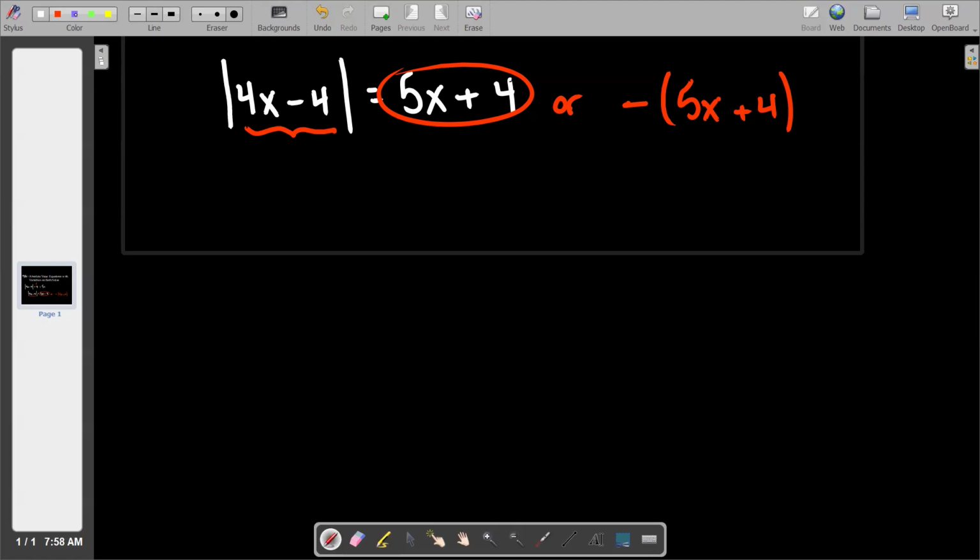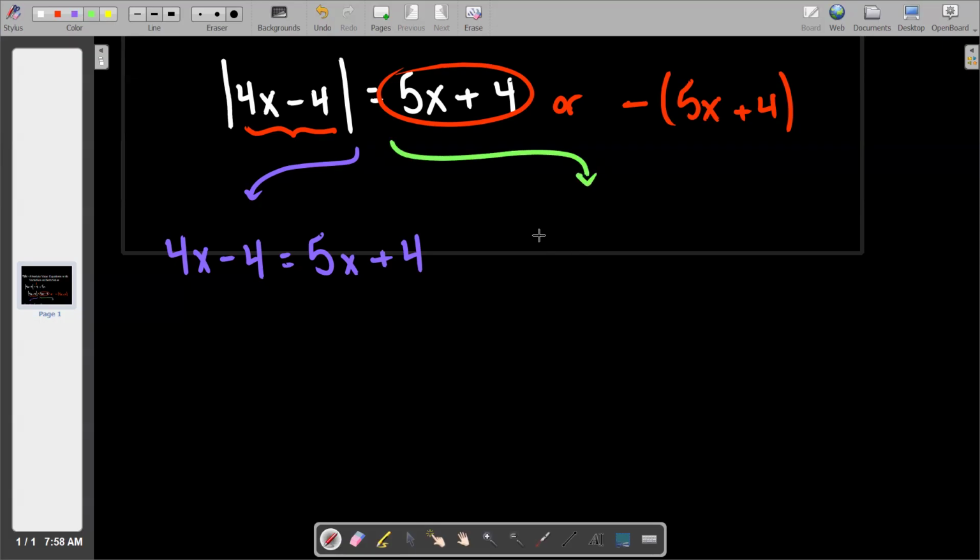So we're going to make 2 separate equations here. One of them is going to say that the stuff inside, 4x minus 4, maybe it just equals 5x plus 4. The other equation is going to say the stuff inside, 4x minus 4, maybe equals negative 5x minus 4.